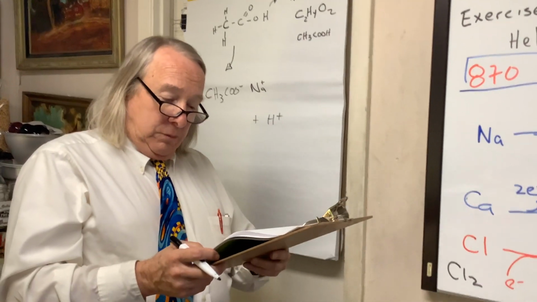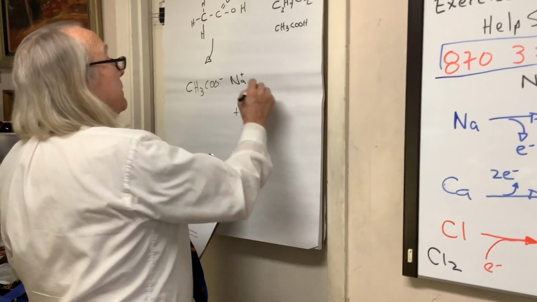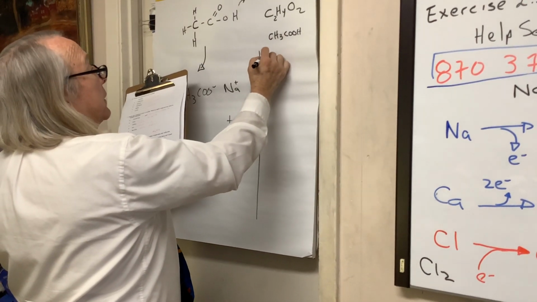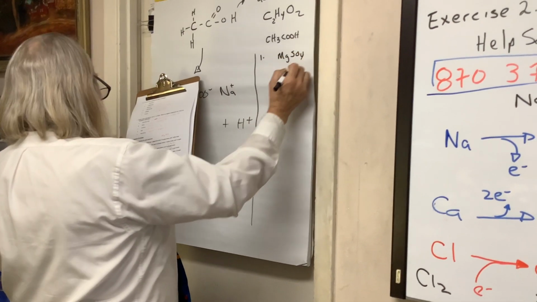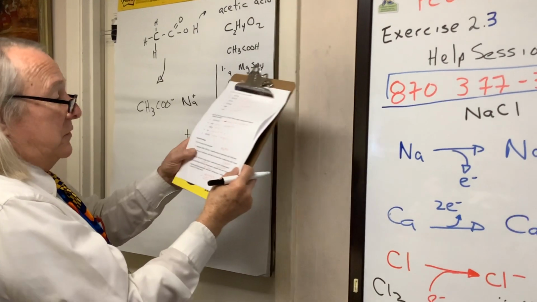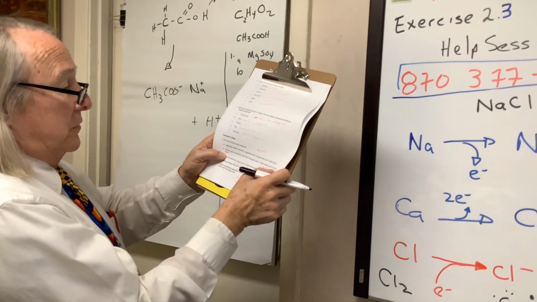They should say magnesium sulfate, but it's MgSO4. So let me start this. This is number 1, numerical problems. MgSO4. That's A. B is ethylene glycol. It says it has 6 hydrogen atoms, 2 carbon atoms, and 2 oxygen atoms.